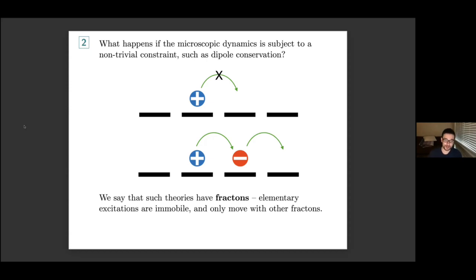You can simulate just a 1D lattice model with these mobile charges. As long as you scramble the charges around on 4 adjacent sites at the same time, so you allow for charges to hop by up to 3 sites in tandem with something else, that's enough to guarantee thermalization in typical states. So these theories do thermalize, they are ergodic, and we expect there to be some hydrodynamic description of this.